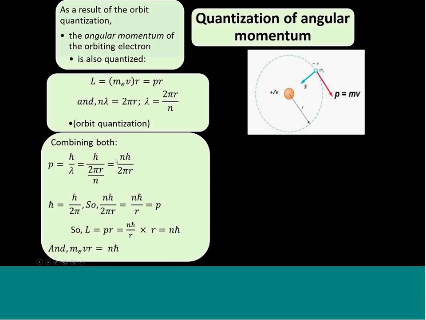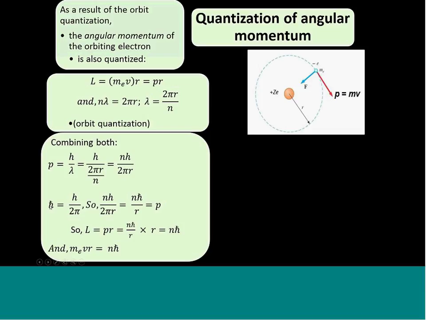Kita combinekan equal tadi. Kita ada p equal to h per lambda. Yang ni is formula. So lambda ni kita gantikan dengan yang kita dah tukar. So since h bahagi dengan 2 pi r per dengan n, ini kita boleh bawa ke atas. So that means kita akan dapat p momentum ni equal to nh per 2 pi r.